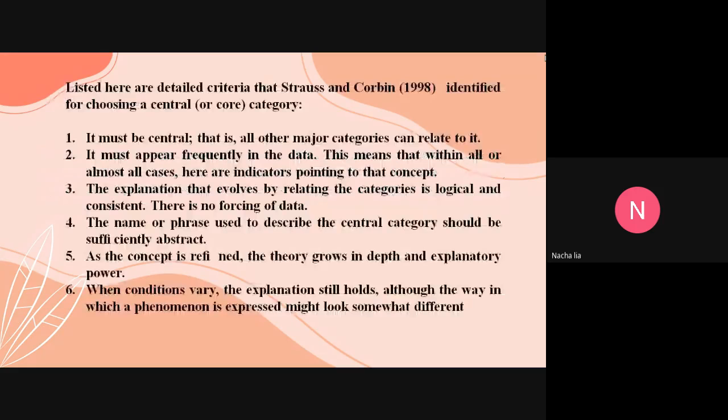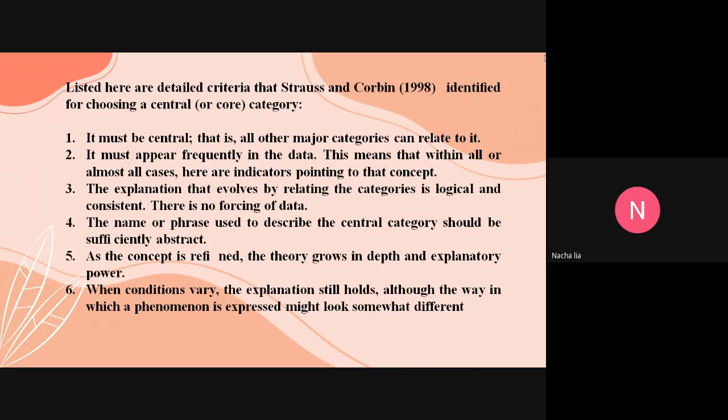Here are the detailed criteria that Strauss and Corbin in 1998 identify for choosing a central category. The first one, it must be central, that is, all other major categories can relate to it. The second one, it must appear frequently in the data. This means that within all or almost all cases, there are indicators pointing to that concept.